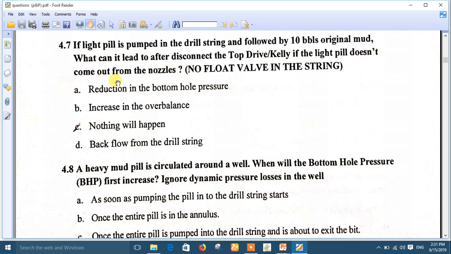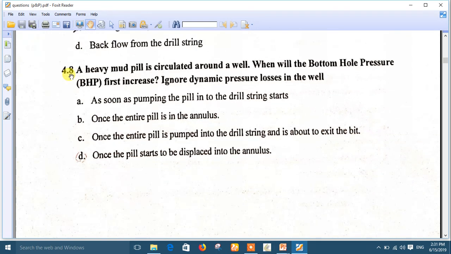Doesn't come out from the nozzles, it is the same if he said it is inside the drill string. This is the same meaning. Okay? Assume there is no float valve in the string for sure. The same, nothing will happen to the bottom hole pressure, as I told you that the annulus is the same, there is no change. So the best answer here is number C, nothing will happen.